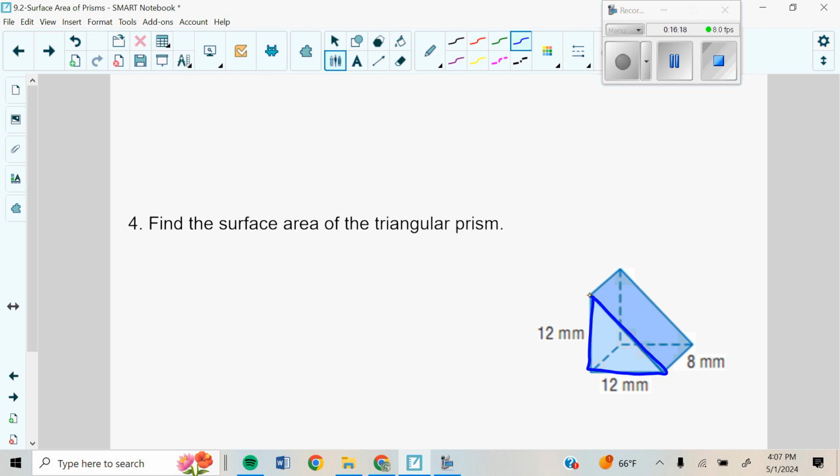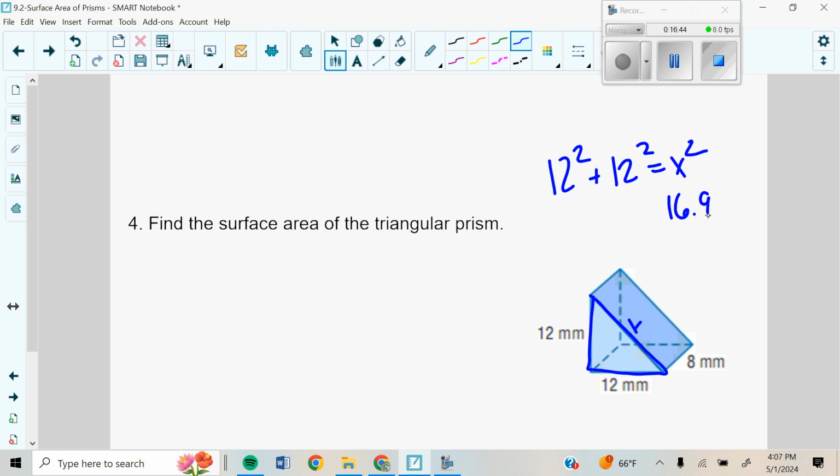So you're going to take 12 squared plus 12 squared equals x squared, because you have to find that missing side. And it's okay if we go to a decimal for that. We get 16.97.